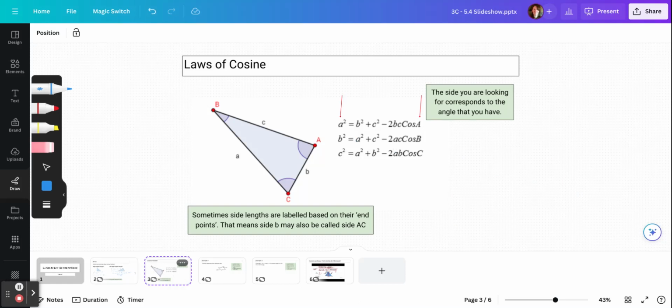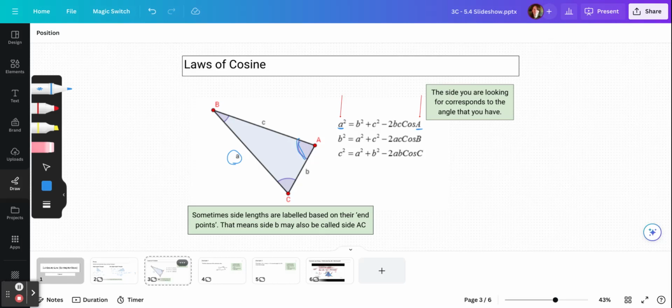So lots of different letters here, but how we label A, B, and C is really important. If angle A is right here, then this is little a, it's across. We established this when we were doing the sine law. Then you'll notice that the side that we're looking for has the angle on the end. This formula will be provided to you, but I want to explain what each value means.